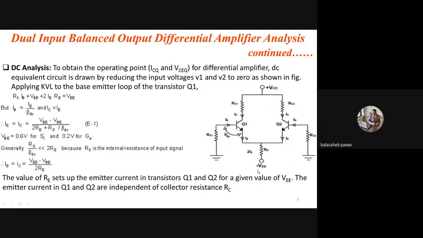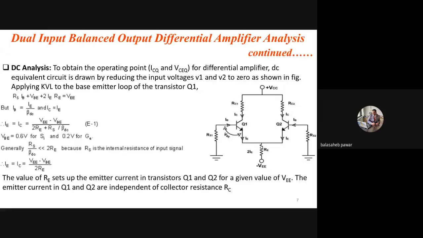You will observe that in the absence of input signal, both transistors are working in their active region, at the center of the load line, if you can recall. We can say the transistors are properly biased. So the biasing responsibility of both transistors is taken by resistor RE.